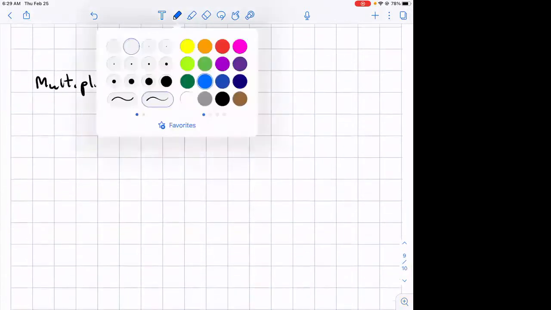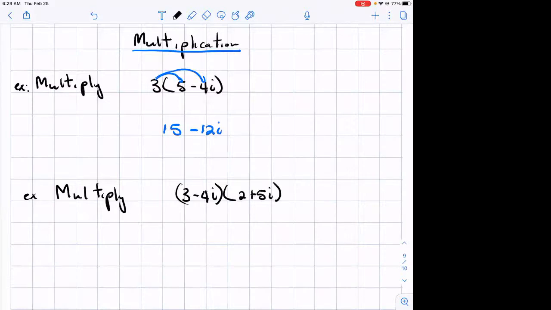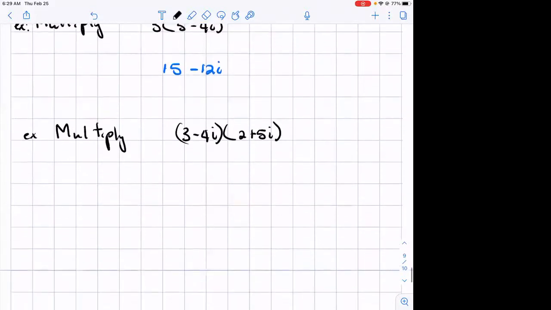On the other hand, if I give you two binomials, such as 3 minus 4i and 2 plus 5i. So you know, if you have two binomials, we can FOIL this out. Okay?